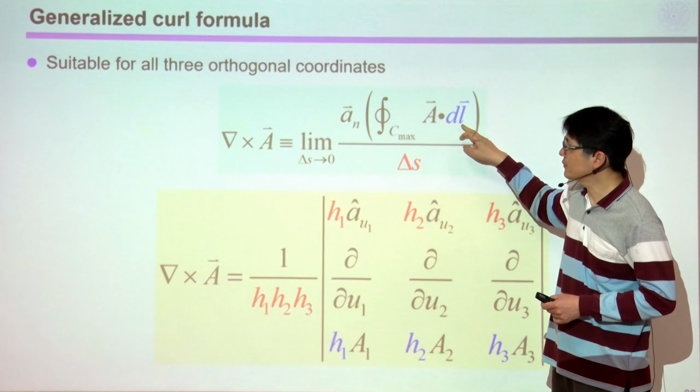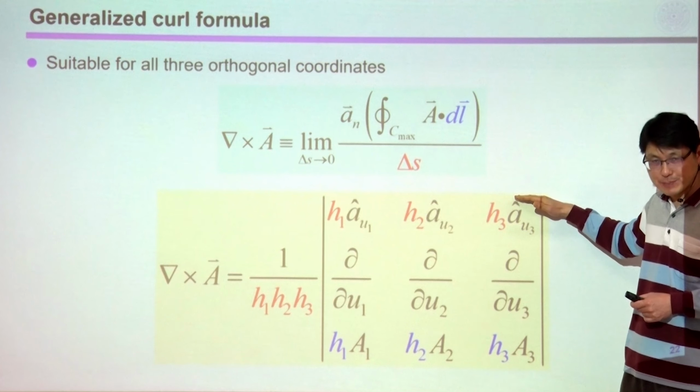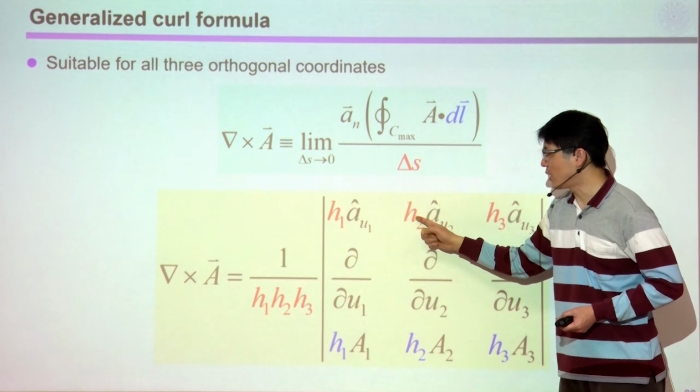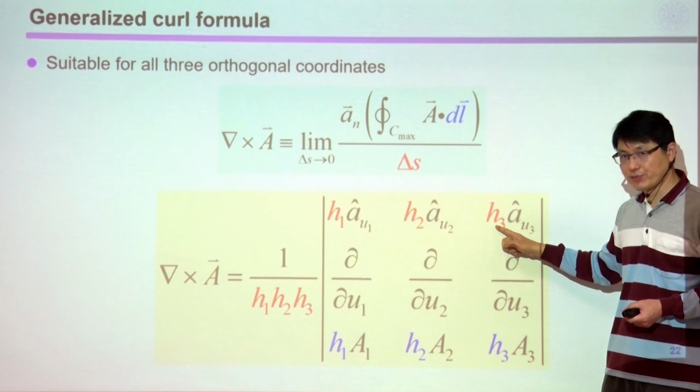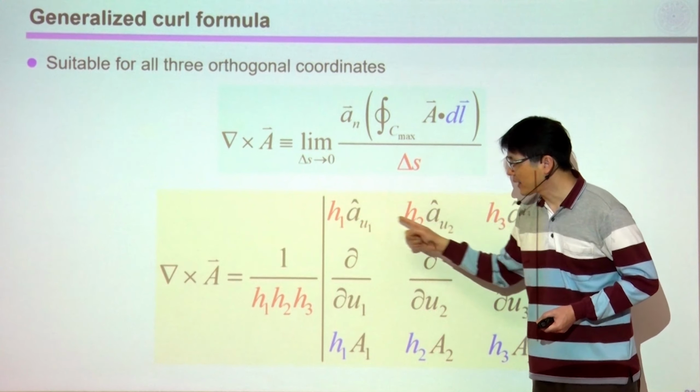So take a good look at the generalized expression for curl of A. This is generalized. H1, H2, H3 are the Jacobians. For cylindrical coordinate, 1, R, 1. Spherical coordinate, 1, capitalized R, R sine theta.